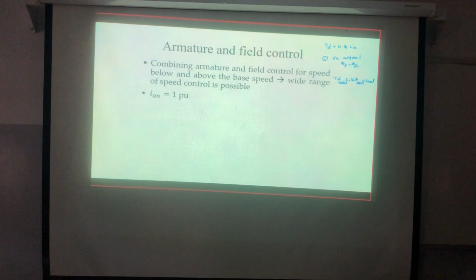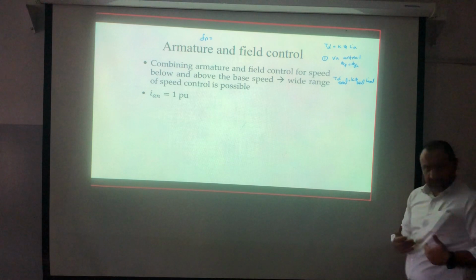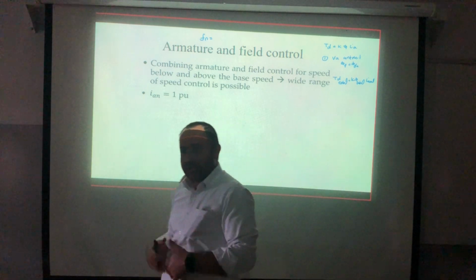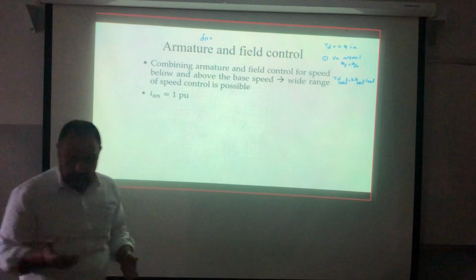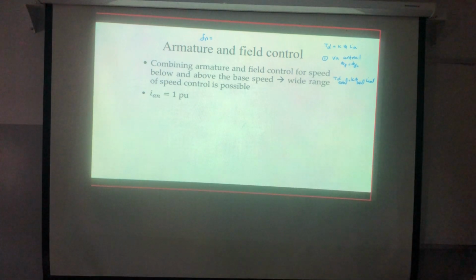Now, if I'm writing a normalized function Fn, you know the normalized function, the per unit. Any function in per unit equals the actual value over the base value. Let's assume the base value is the rated value. So this will equal F over F rated, correct?